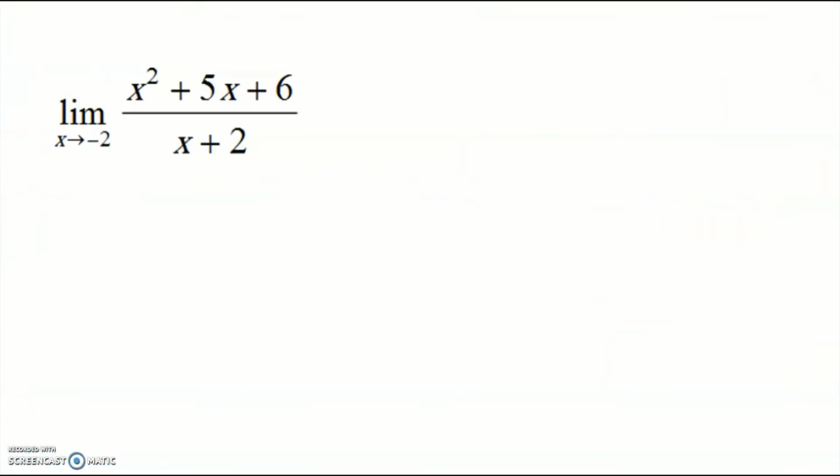Here is another example where you can see if you substitute x equals negative 2 here, we're going to end up with 0. And we can't have 0 in the denominator, so we need to revert to factoring. I'm going to factor the numerator using the product and sum method again. Our product is 6 and our sum is 5. So we need two factors of 6 that add up to 5, and they are 3 and 2.